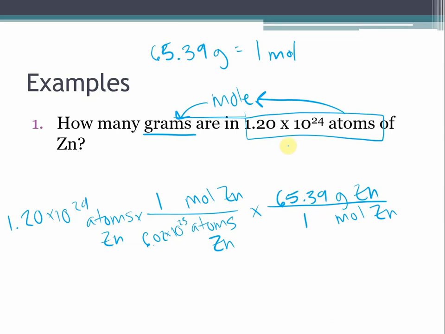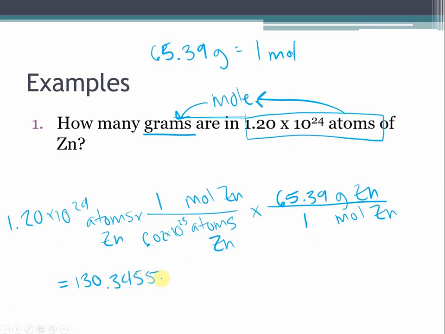Now this is set up to give us grams of zinc. We wanted grams of zinc. We'll plug this into our calculator. You'll do 1.20 E 24 divided by 6.02 E 23 times 65.39. And what your calculator is going to put out is 130.3455.